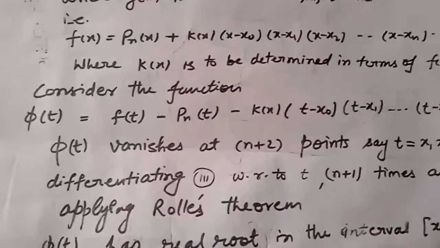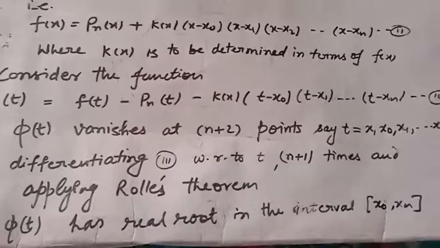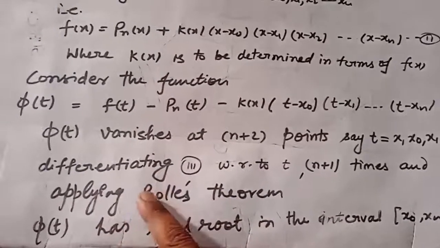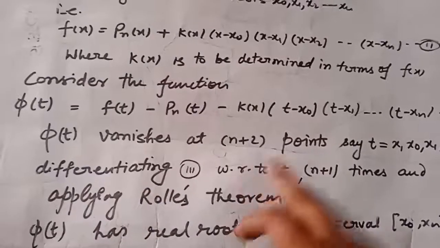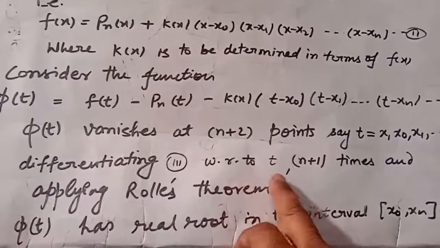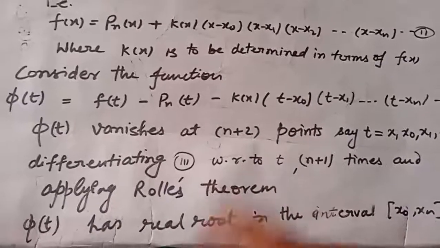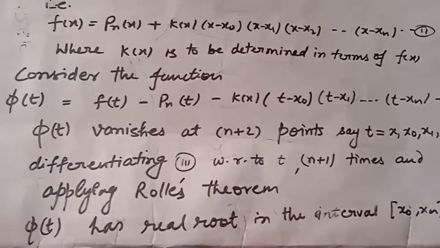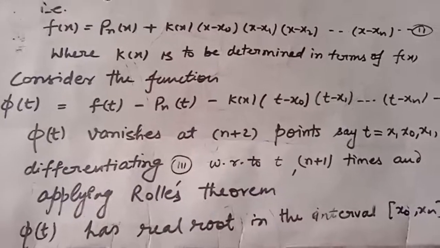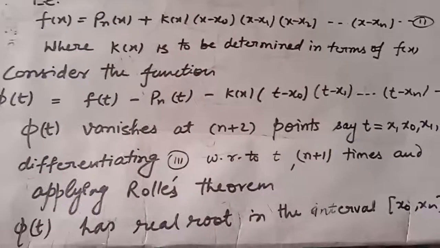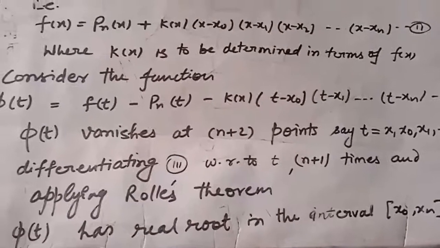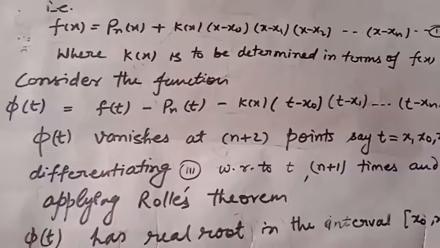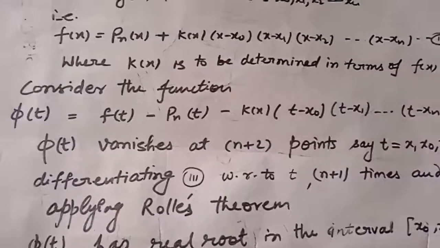One theorem we have studied in class 10th or 11th level is Rolle's theorem. Then differentiating this equation with respect to t, n+1 times, and applying Rolle's theorem. What was Rolle's theorem? That if a function is differentiable and continuous in the interval [a, b] and f(a) equals f(b), then there exists a point c for which the derivative of the function becomes 0.